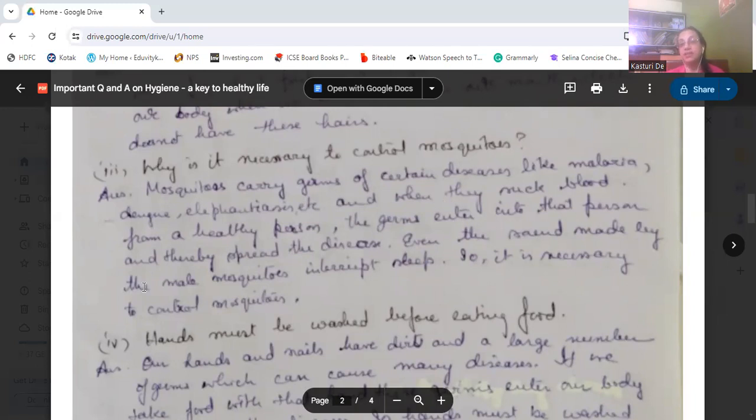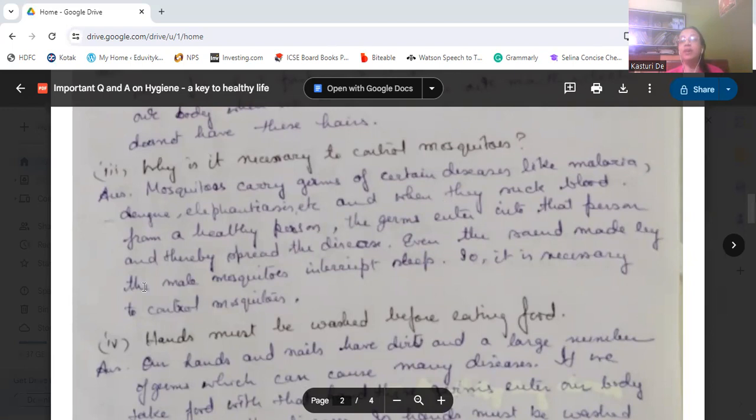Why is it necessary to control mosquitoes? We know mosquitoes are the vectors of certain diseases like malaria, dengue, elephantiasis, etc. What do they do?